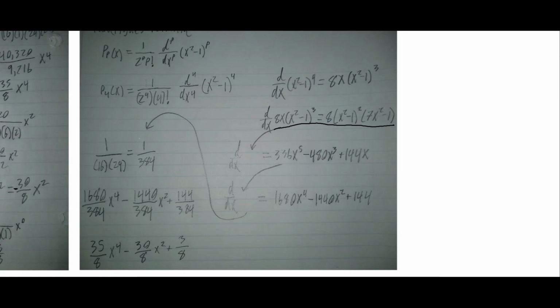Then I took our 1 over 2 to the fourth times 4 factorial, which is 1 over 16 times 24, or 1 over 384, and multiplied that into our fourth derivative. That gives us 1680 over 384 times x to the fourth minus 1440 over 384 times x squared plus 144 over 384.